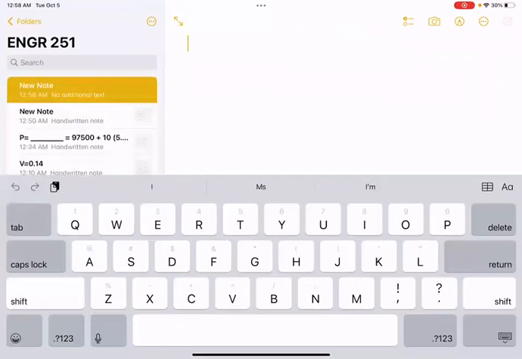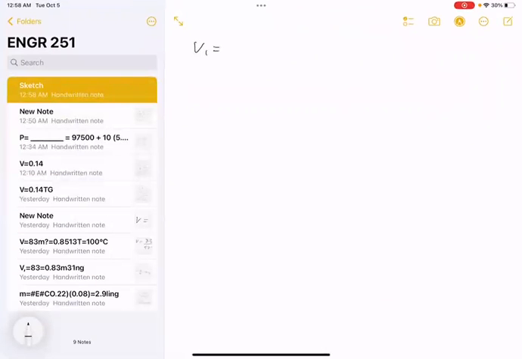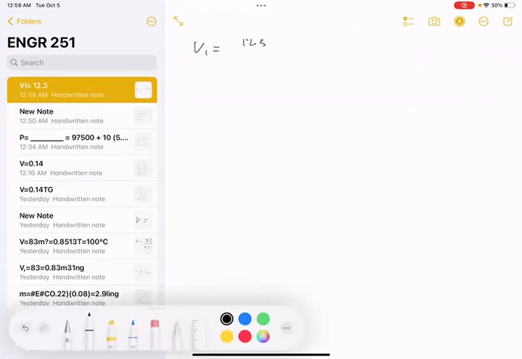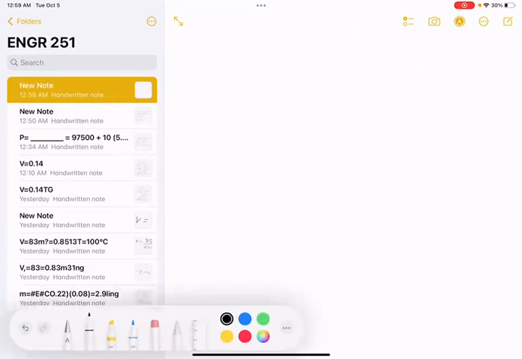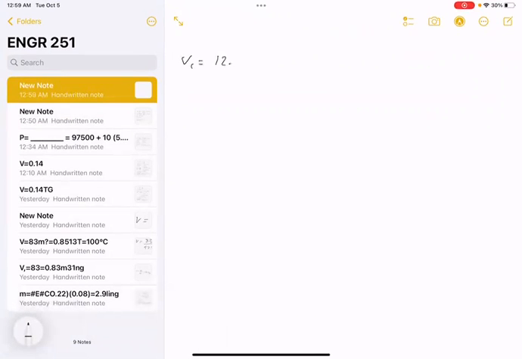Here we go. So specific volume at state 1: V1 is 12.3 cubic meters over 100 kilograms.